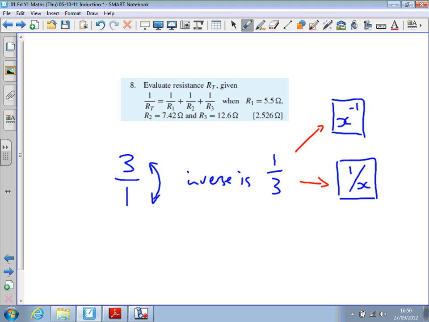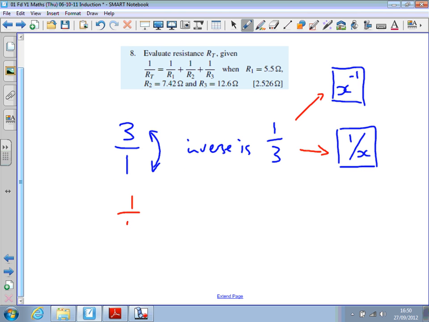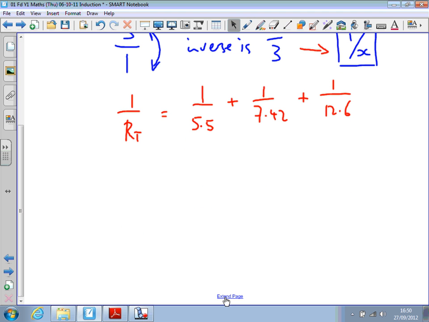To do this question, to find 1 over RT, that equals 1 over R1, which in this case is 1 over 5.5, plus 1 over R2, which is 1 over 7.42, plus 1 over 12.6. What I would do in the calculator is 5.5, and then I'd hit the button x to the minus 1.